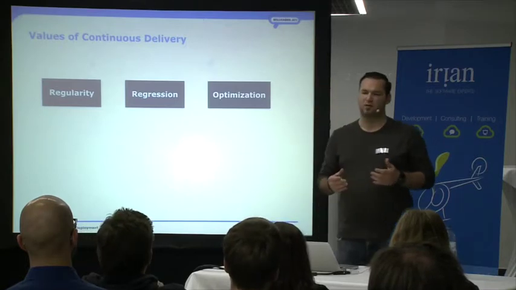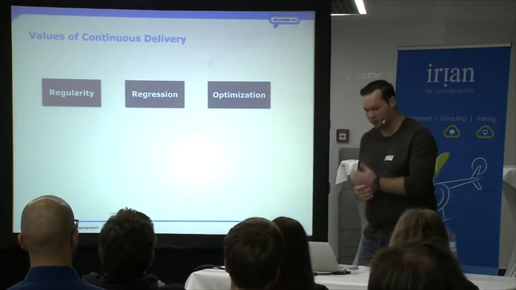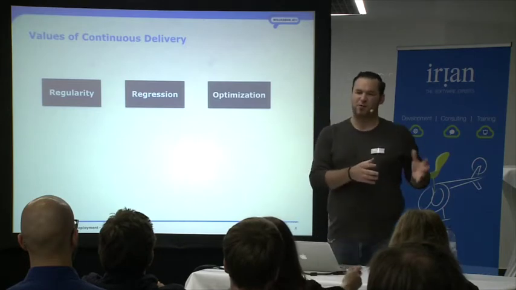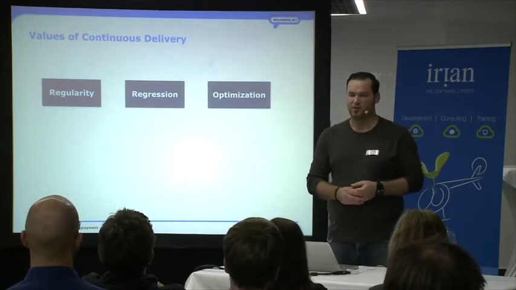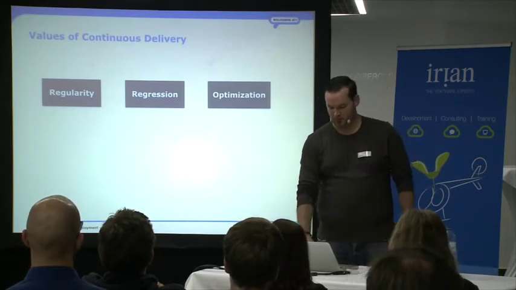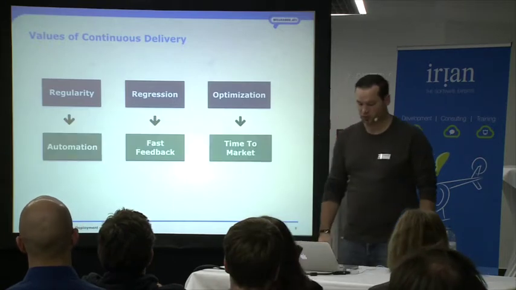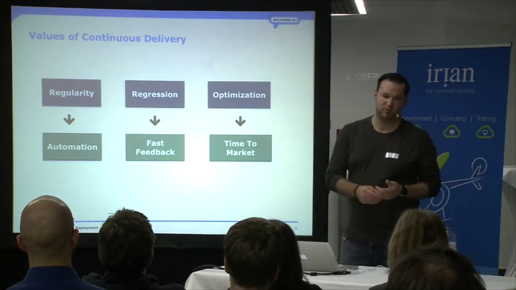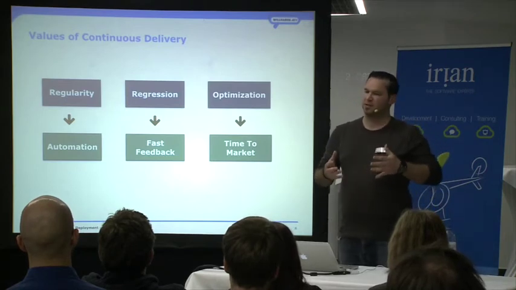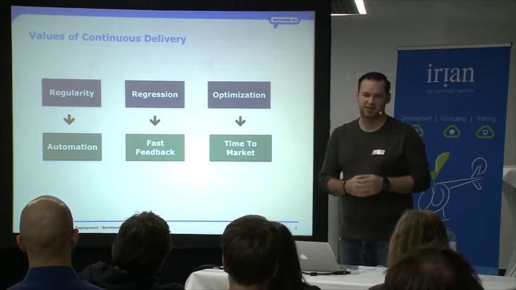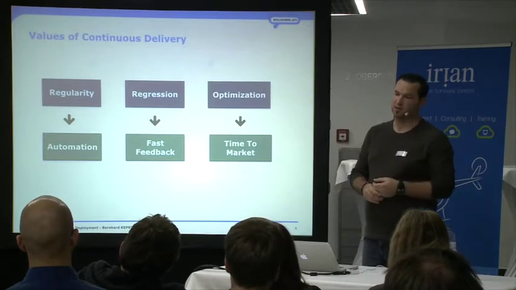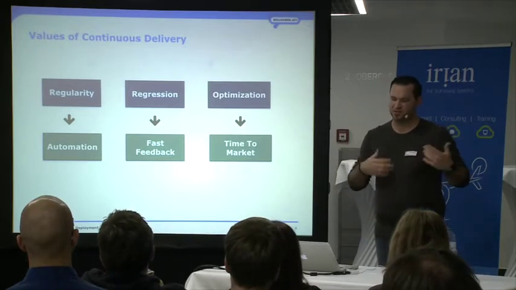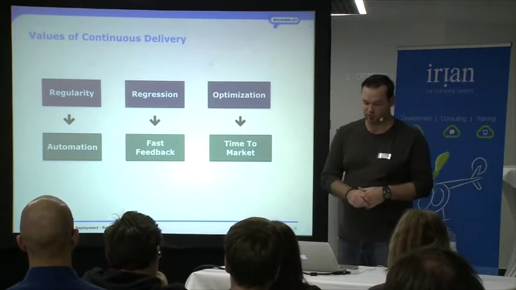That is something that should also be a focus when using continuous delivery. And of course, optimization of every required step that is necessary to deploy software in your production system. This leads to automation. You can get regularity through automation. For example, if you trigger your builds on every single commit in SVN or Git, your Jenkins fires and builds all your software components.